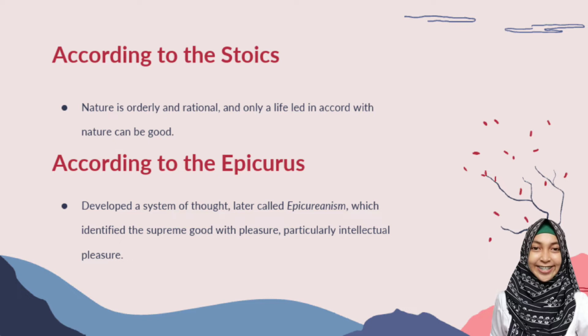While in the 4th and 3rd century before Christ, the Greek philosopher Epicurus developed a system of thought later called Epicureanism, which identified the supreme good with pleasure, particularly intellectual pleasure. But they regarded religious beliefs and practices as harmful, dangerous, because they preoccupy one with disturbing thoughts of death and the uncertainty of life after that.